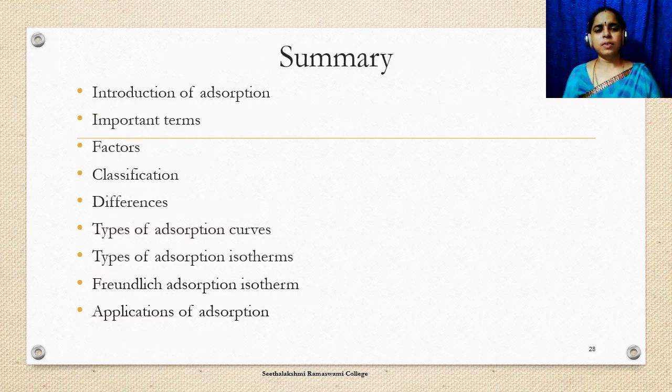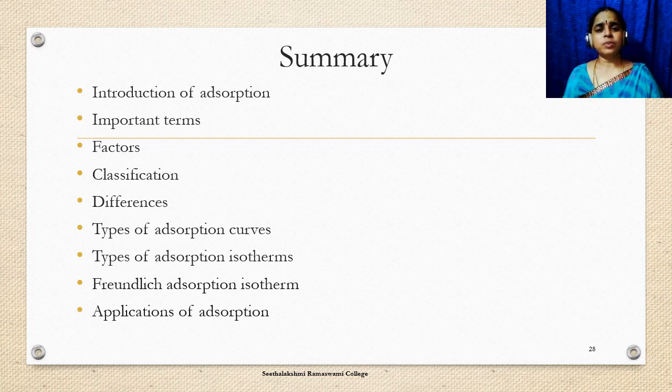Let me see in a nutshell the things that we learned from this session. Introduction about adsorption. That is, adsorption is an exothermic process. It is a spontaneous process. And important terms that are used in adsorption: adsorbate, adsorbent, sorption, occlusion, etc. What are the various factors that are affecting the adsorption?